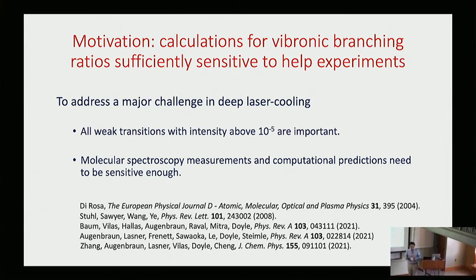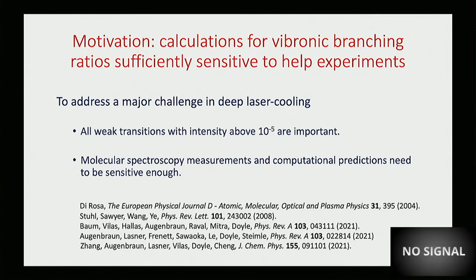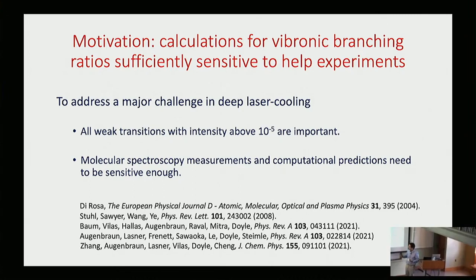There is now an unprecedented interest in weak transitions, because in the past, in molecular spectroscopy, when we had transitions with branching ratios lower than 10 to the minus 3, we would say, okay, there is a weak transition there. But now, whether it is 10 to the minus 3 or 10 to the minus 6 is actually a qualitative difference.